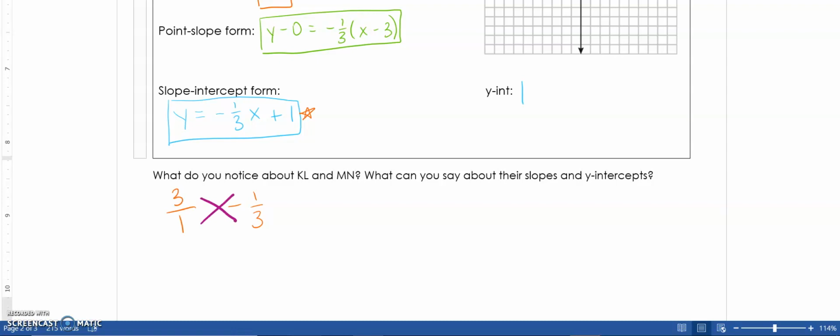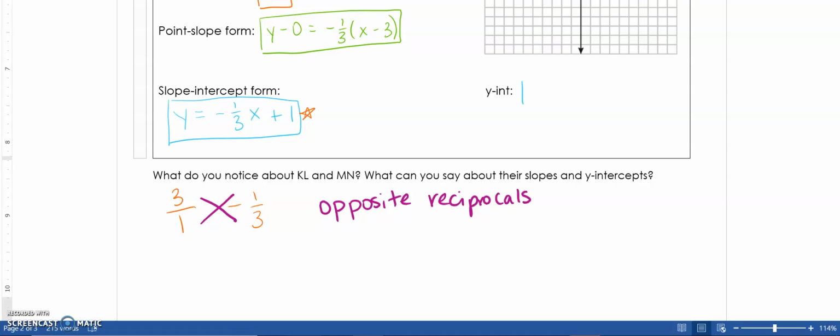They're actually called opposite reciprocals. And we say reciprocal whenever a fraction is essentially flipped. So 3/1 became 1/3. And then we say opposite because we're taking the opposite sign, or in other words, it's going from a positive to a negative, or from a negative to a positive.